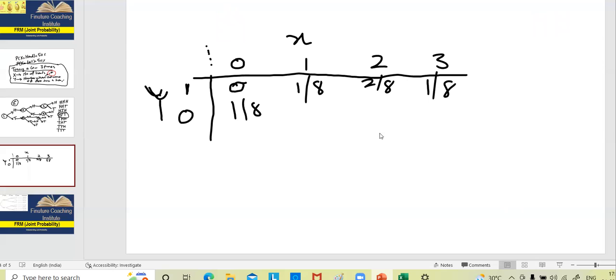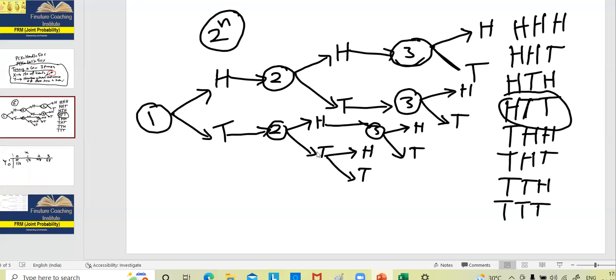So 1 over 8. Now we are looking for an outcome wherein we didn't have a head in the first outcome and there is one head in the subsequent outcomes. So these two are the possible outcomes wherein we did not have a head in the first outcome and there is one head in the subsequent outcomes.